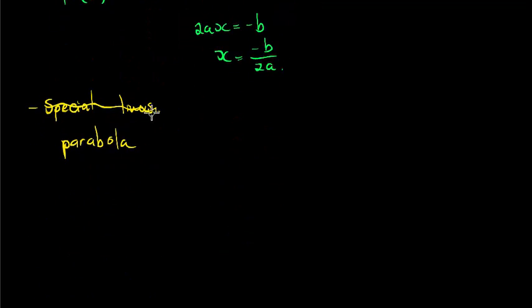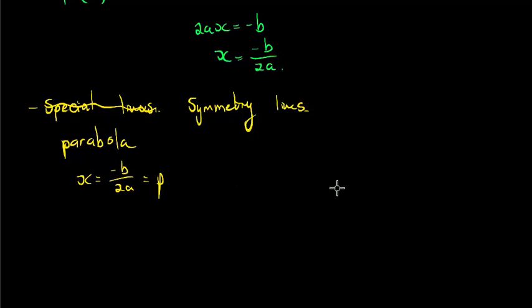Let's call it symmetry lines. Okay, your parabola has a symmetry line. It's just the line x is equal to negative b over 2a, or x is equal to p. That's it. The symmetry line for the hyperbola is a little bit more difficult.